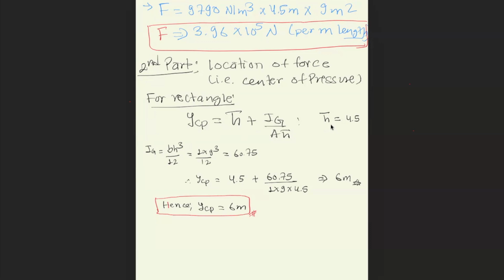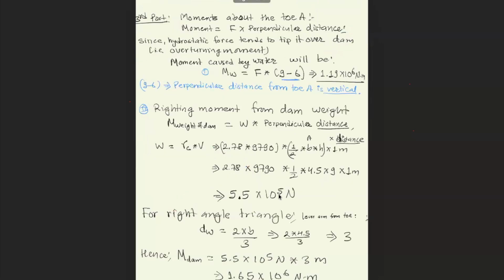We already know the centroid depth is 4.5, whereas the moment of inertia for a rectangular area is base times height cubed divided by 12. This gives us 60.75. Finally, the center of pressure, or location of force, will be 6 meters. I think up to here there may not be any confusing things, so I will go into the third part, which seems a little bit tricky.